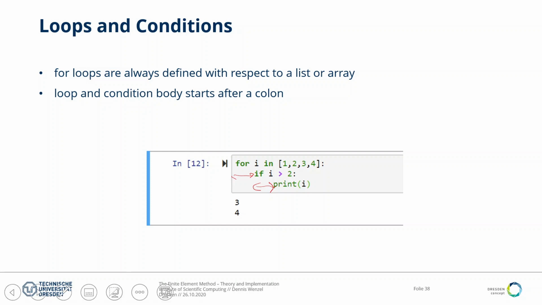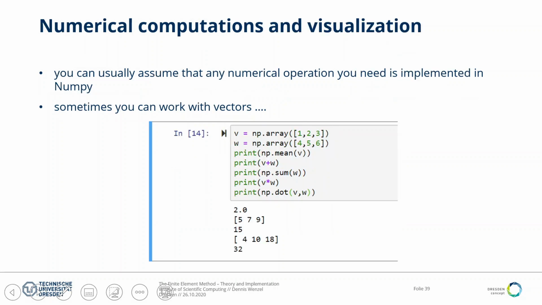Okay, then now just a few remarks about numerical computations and visualization. From my experience, whenever you want to use a certain numerical operation, no matter how complex it is, it's always a good guess to first look if it is already implemented in NumPy.